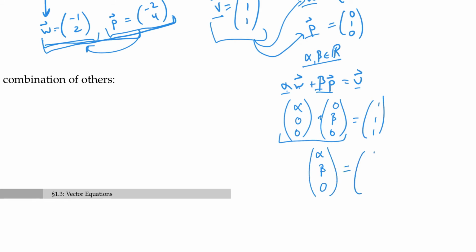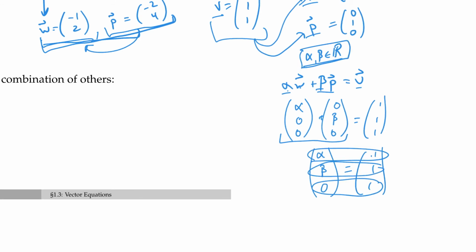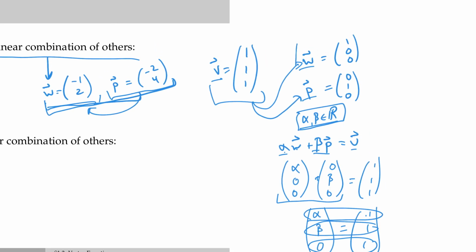And that must equal (1, 1, 1). Well, by the definition of vector equality, if two vectors are equal, each of their components must be equal. Well, that forces alpha to be 1, beta to be 1, and 0 to be 1. That's no good. And so there can never exist constants alpha and beta that will take me from W and P to v.